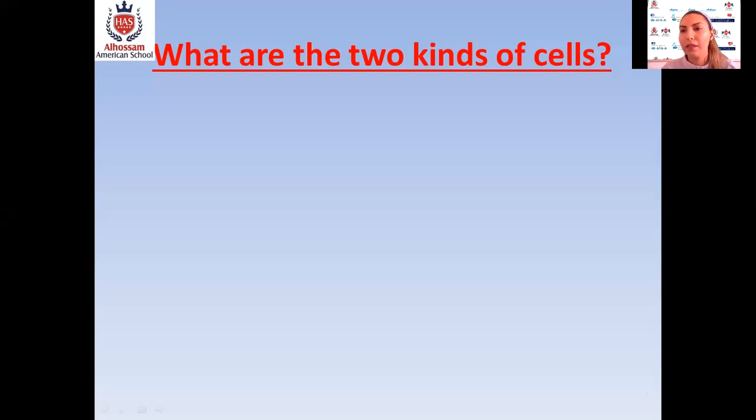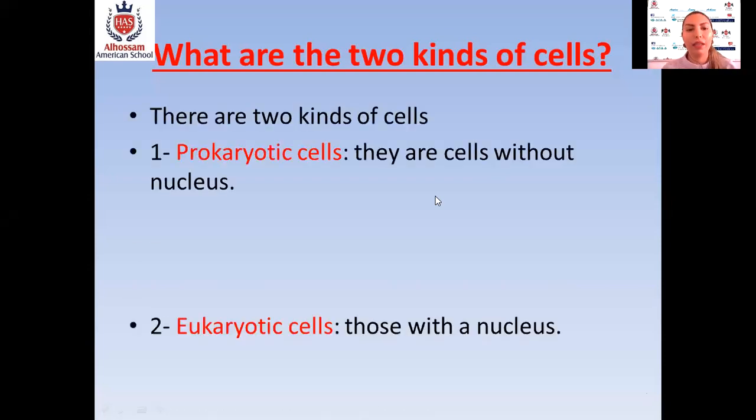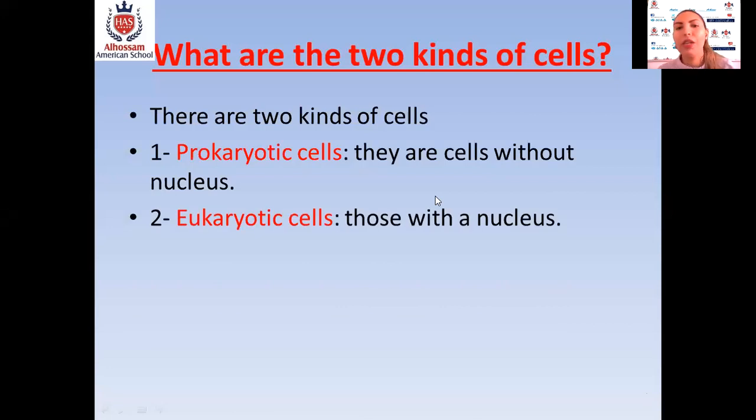Raise your hand. Yes, Yusuf. Prokaryotic and eukaryotic. Yes, we have two kinds, prokaryotic cells and eukaryotic cells. What's the difference between them? Prokaryotic doesn't have a nucleus, but eukaryotic has a nucleus. Okay, thank you so much, Yusuf.